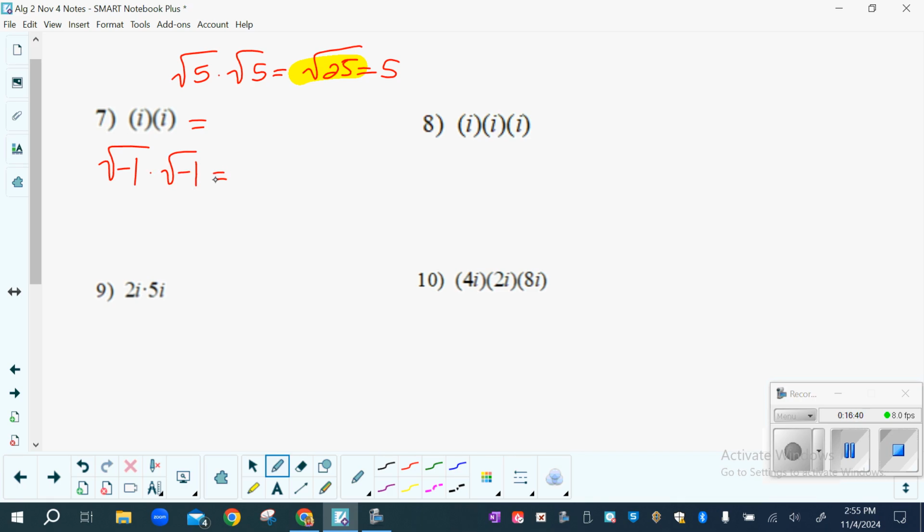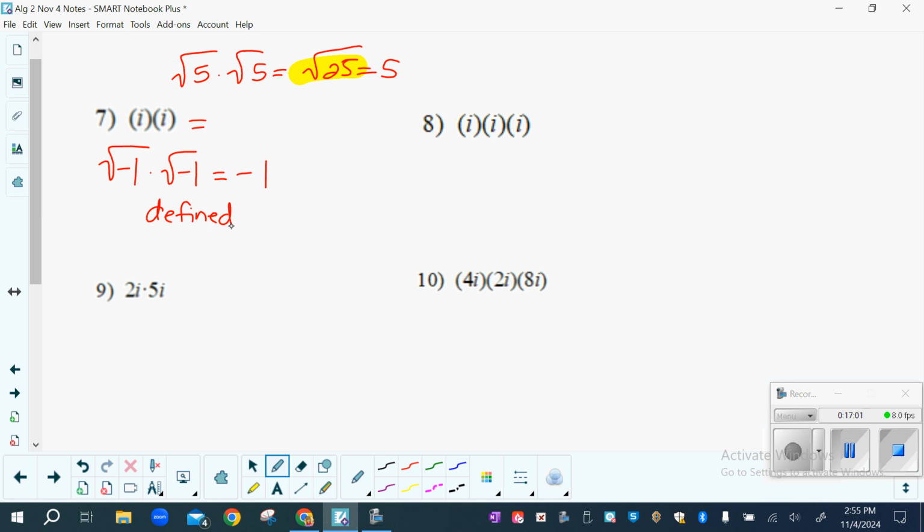See how these two numbers are the same? This is equal to 5. This is defined to be -1. We cannot rewrite this as square root of -1 times -1. You have to skip that middle step. This is equal to -1.